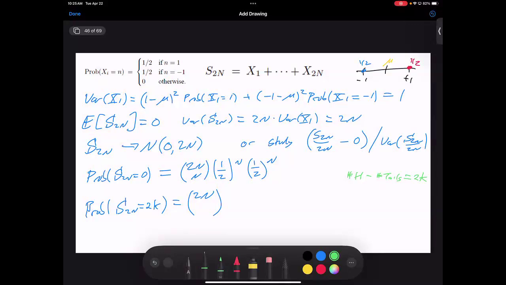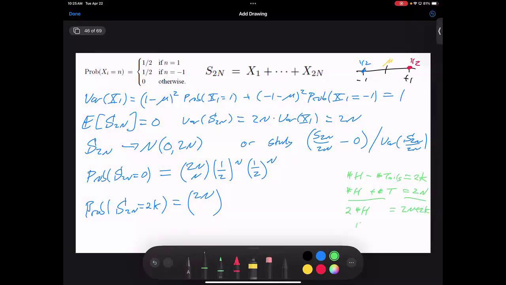If k equals 0, then the number of heads and the number of tails is the same. We also know the number of heads plus the number of tails equals what? 2n. So we can just add the equations and we get twice the number of heads is going to be 2n plus 2k.